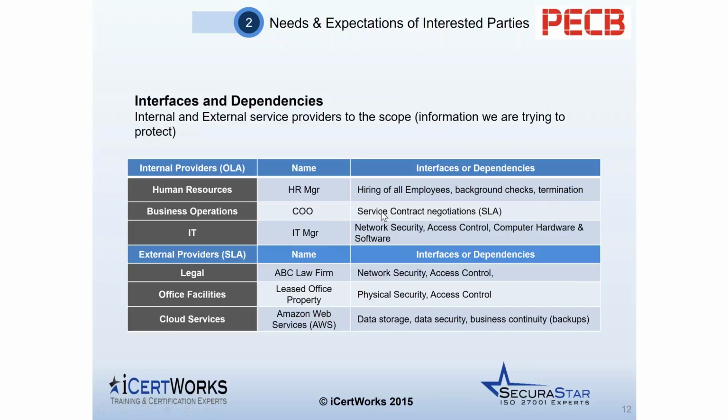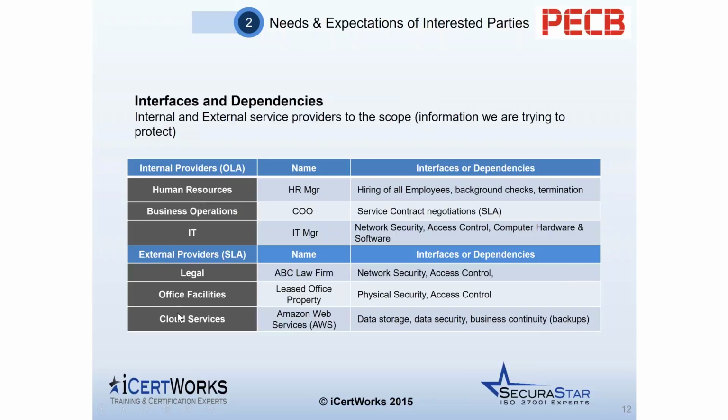The service contract negotiations for service providers, this is very important because we have to manage service providers. IT has network security, access control, computer hardware and software, those types of things that also typically interact with the scope.